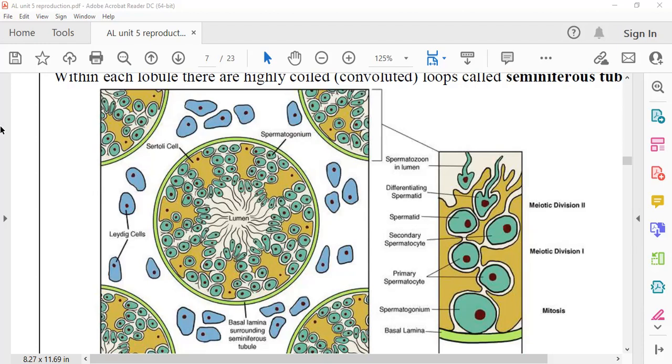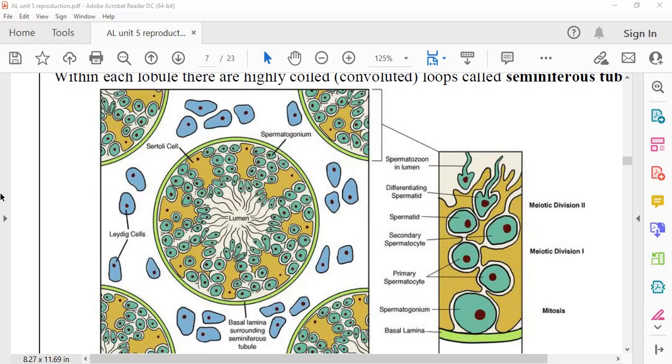They get the nutrition they want from the Sertoli cells. Sertoli cells have another talent also. Sertoli cells can secrete a hormone called inhibin.